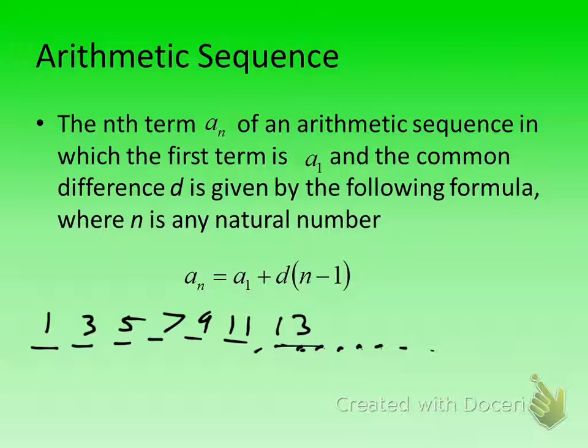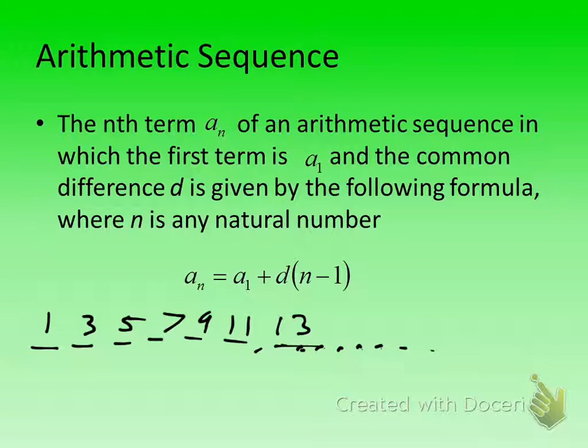Whenever I say what is that and you say 7, that's the term itself. So a sub 4 is talking about the 4th number in the sequence, which is 7. But when I say a sub 7, that's talking about the 7th number in the sequence, which is 13. Makes sense on the difference? Because it is confusing. So would you write it 13 if you were writing out the formula? Yes.